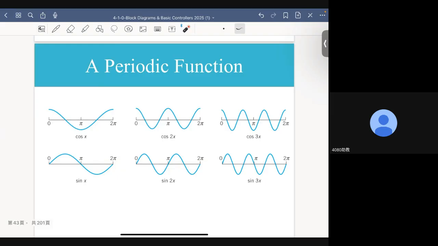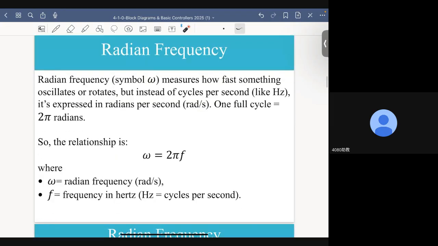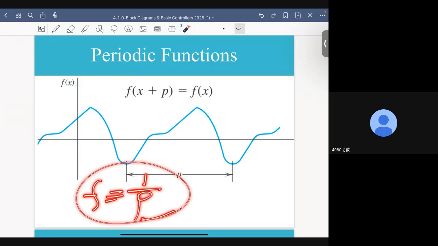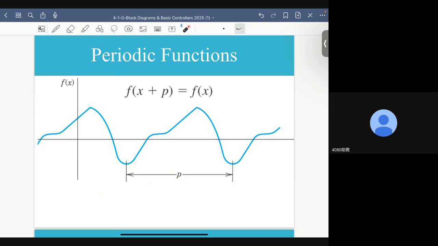Now let me introduce another important variable, which is radian frequency. Once you have a period for a periodical signal, you have a frequency. Frequency is the inverse, the reciprocal, of the period. Why? Because by definition, frequency is the number of periods per time unit.